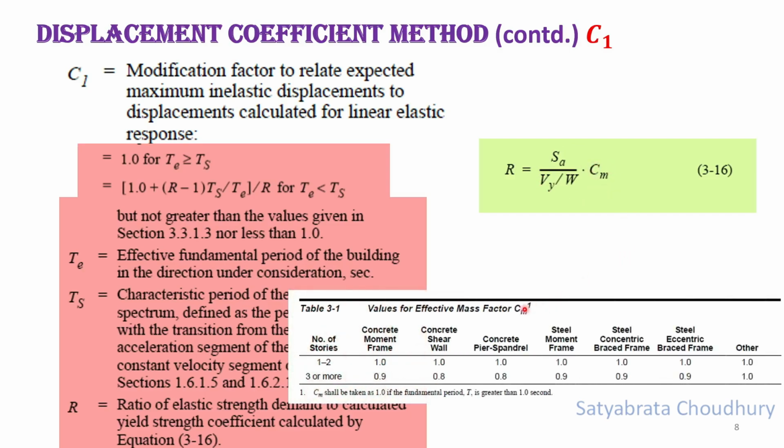What Cm is, is given here, depending on the number of stories 1 to 2, 3 or more, concrete moment resisting frame, concrete shear wall and other conditions, and steel moment resisting frame and other conditions. So in most of the cases it is 1.0 and in other cases also very near to 1.